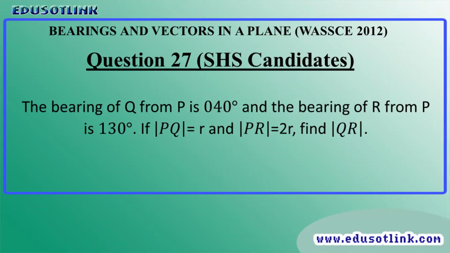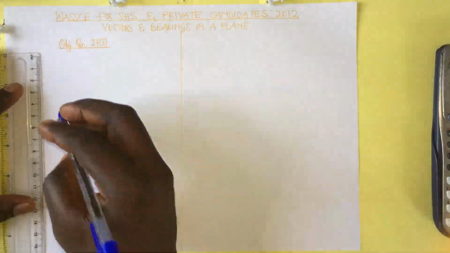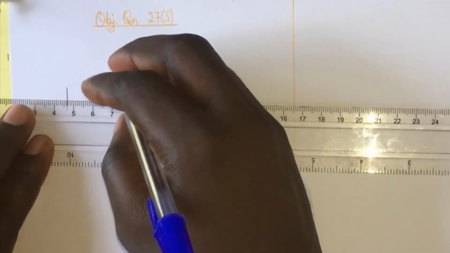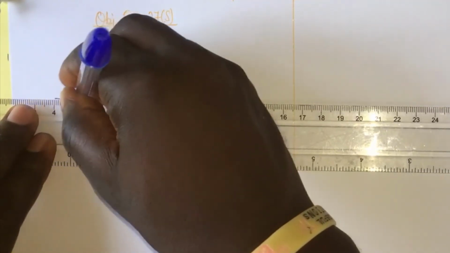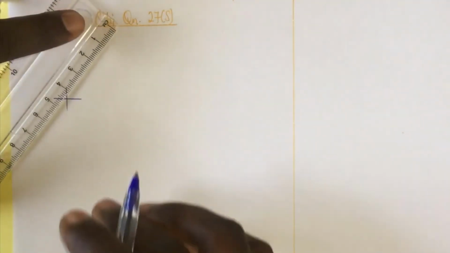Objective question 27 for SHS candidates. The bearing of Q from P is 40 degrees and the bearing of R from P is 130 degrees. So the bearing of Q from P, let's do it here, is 30 degrees.